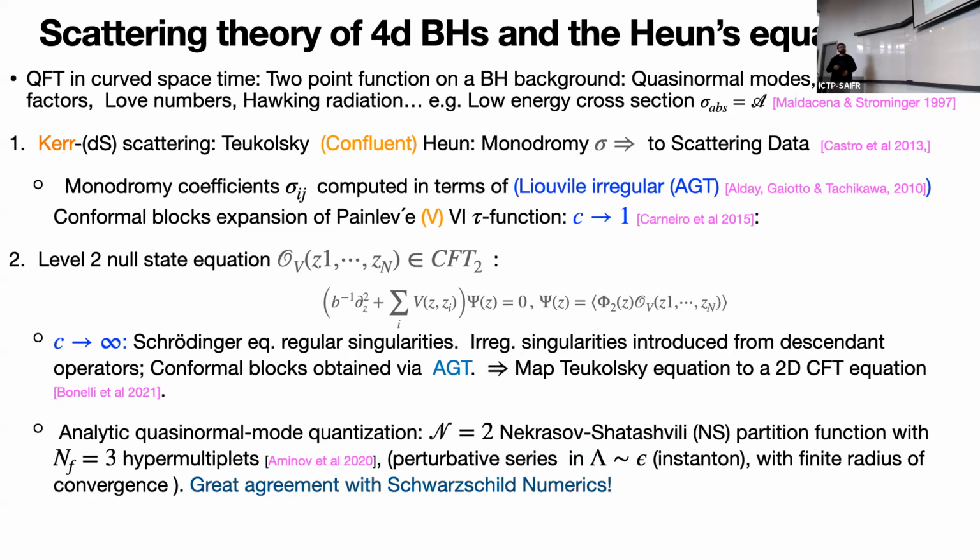By doing this, there's actually a very nice paper that gives you an analytic form for the quasi-normal mode quantization condition of charged black holes. And they are written as a partition function for N=2 supersymmetric theory with 3 hypermultiplets. It is an expansion in some instanton parameter, which roughly speaking is equivalent to an expansion in the cosmological constant parameter. I thought it was for AdS black holes.